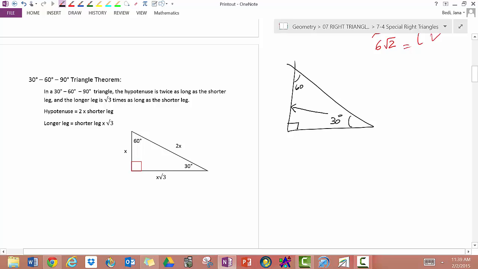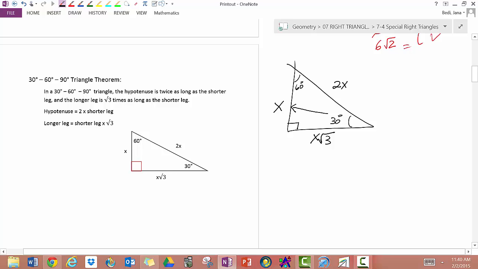In a 30, 60, 90 triangle, 30 degrees is the smallest angle, and the smallest side is x, opposite 30 degrees. Opposite 60 degrees is x root 3. And the hypotenuse, opposite 90 degrees, is 2x.